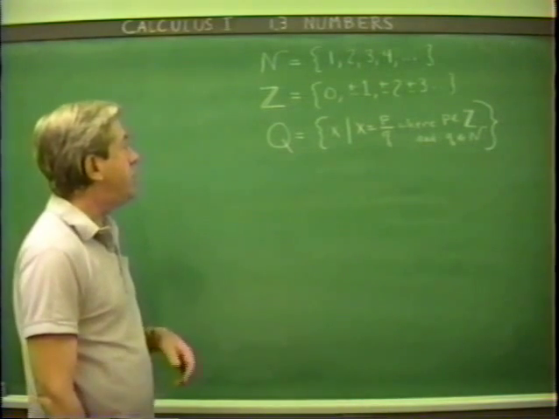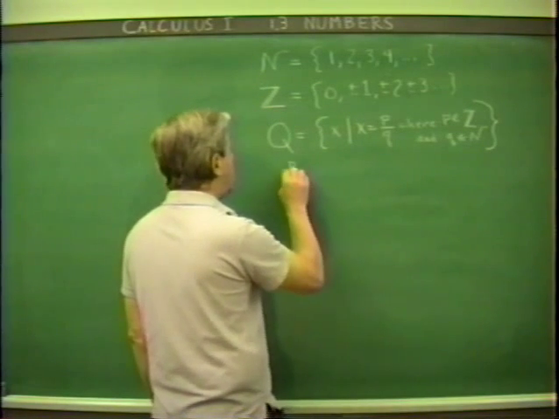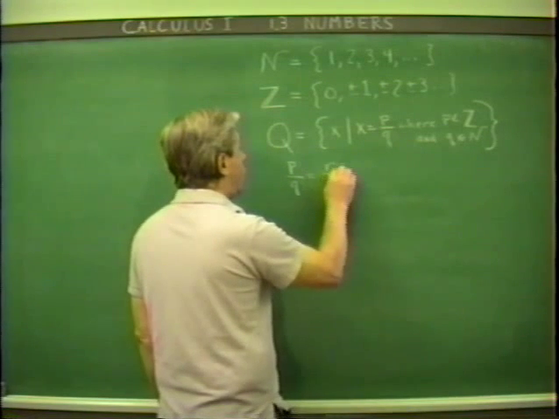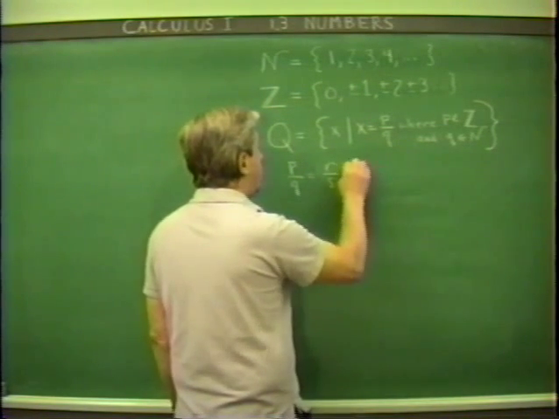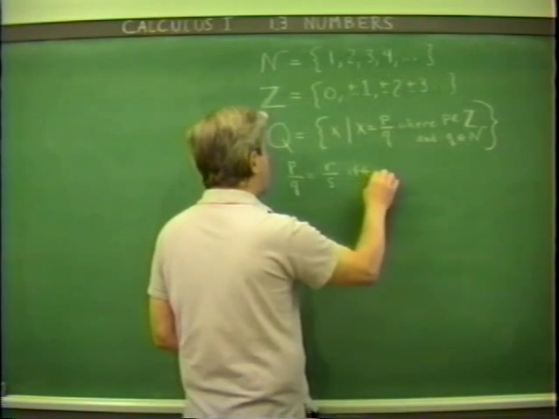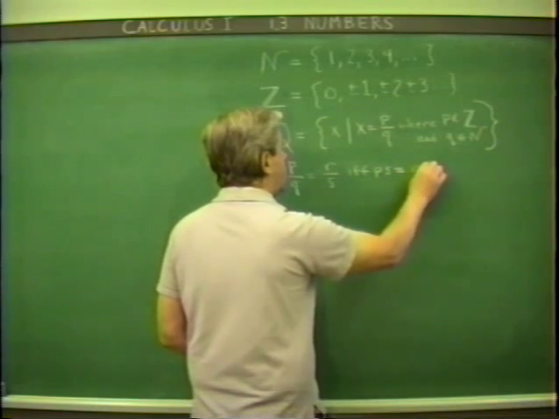There's an equality relationship between these numbers P over Q. That's to say P over Q is equal to R over S if, again, if and only if PS equals RQ.